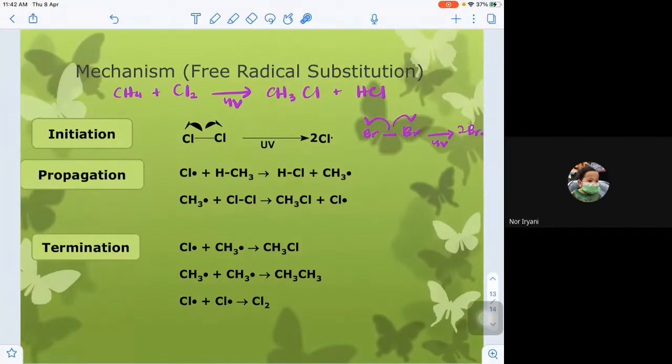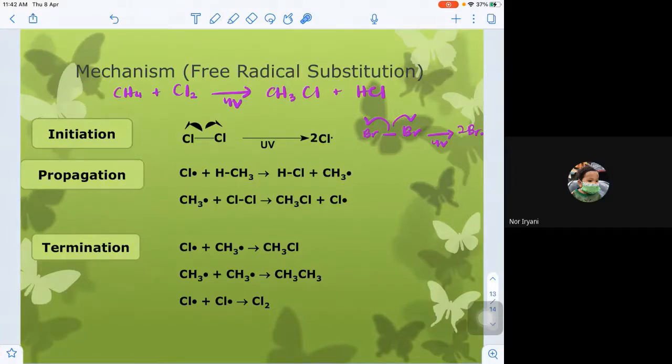So the chlorine radical attacks the hydrogen and takes the hydrogen, turning to HCl. When the H is attached to the chlorine, it makes the CH3 that is left become a radical. And then we start to have other radical species.